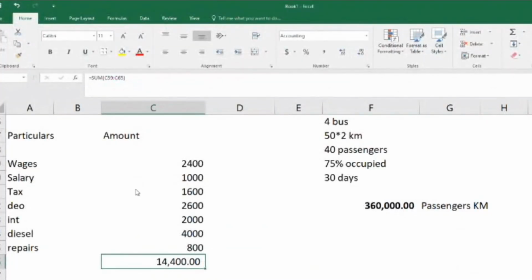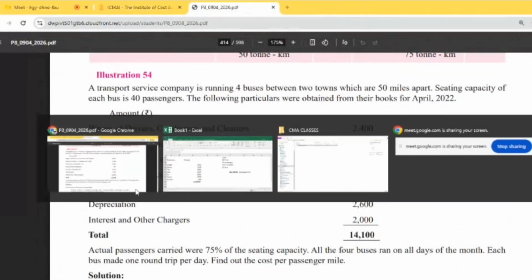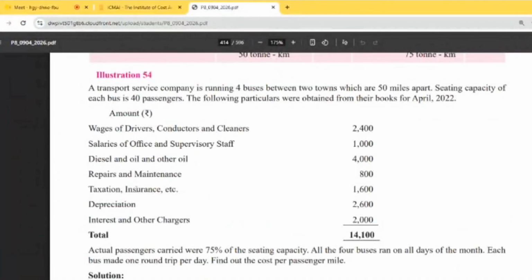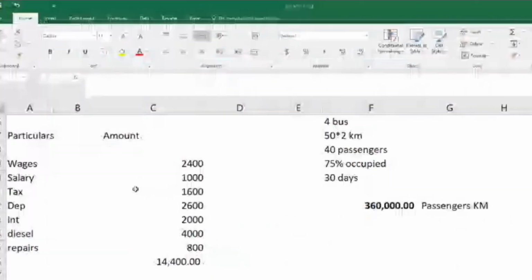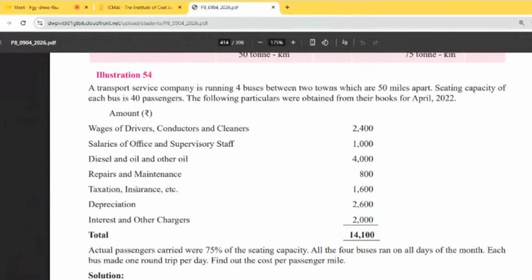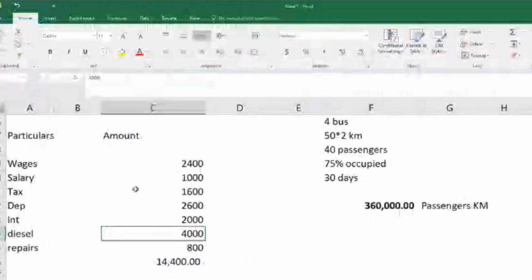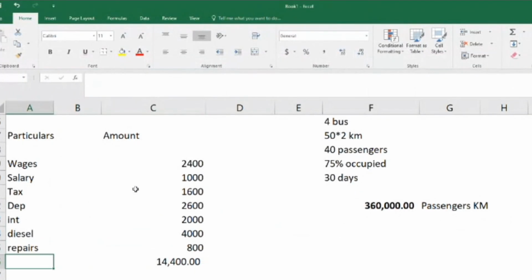14,100. 14,400 I got. Where did I go wrong? 2,400, 1,000. Your tax is 1,600 and depreciation is 2,600. Your interest expense is 2,000. Diesel is 4,000. Okay, the thing is, our book is wrong.